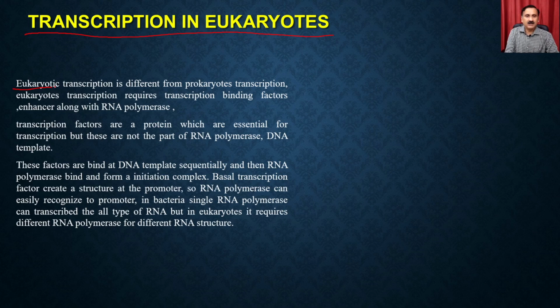Eukaryotic transcription is different from prokaryotic transcription. It requires transcriptional binding factors, enhancers, and the RNA polymerase. Remember, when we were talking about prokaryotic transcription, we said that it only requires the RNA polymerase, and that RNA polymerase is sufficient to recognize the promoters.